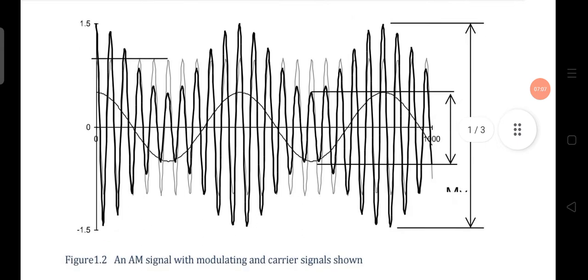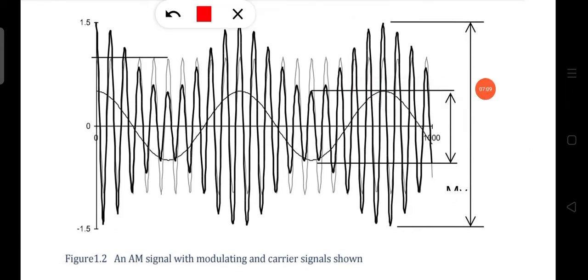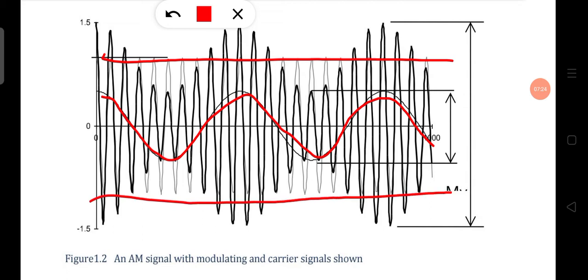Then you see the total. This is the message signal, and this much is the carrier amplitude.